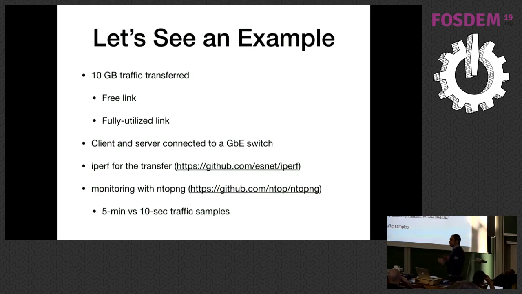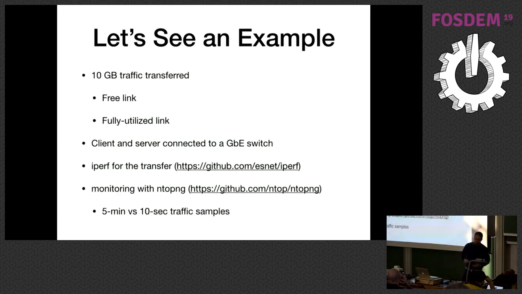Let me show you this with an example. In this example, I'm going to transfer 10 gigabytes of traffic 2 times. The first time I'm going to transfer this 10 gigs over a free link, and the second time, I'm going to transfer the same 10 gigs over a fully utilized link.